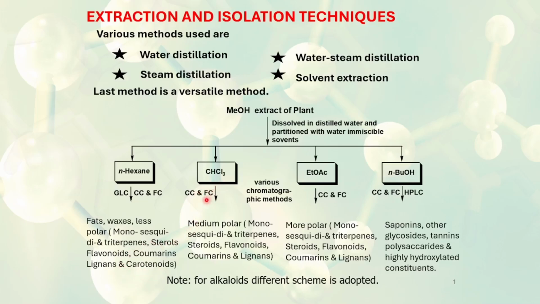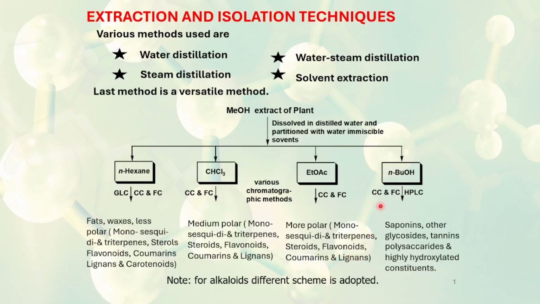In chloroform fractions, medium polar compounds are present, like mono-, sesqui-, di- and triterpenes, steroids, flavonoids, coumarins, and lignins. In ethyl acetate fractions, more polar mono-, sesqui-, di- and triterpenes, steroids, flavonoids, coumarins, and lignins.